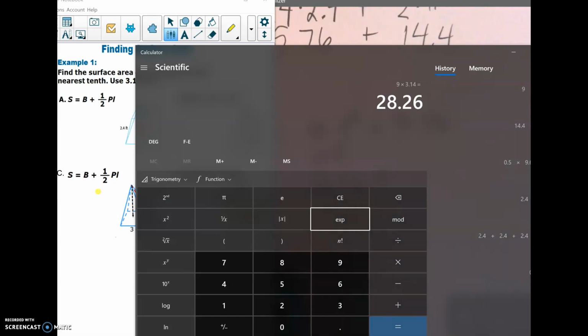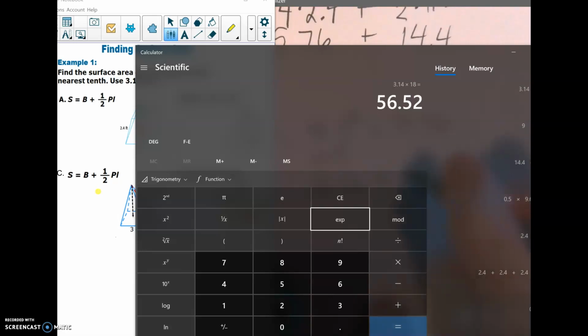The second part is pi times 3 times 6, which is 18 times 3.14, that's 56.52. And now I want to add those two answers together. So 28.26 plus 56.52, and I get 84.78.